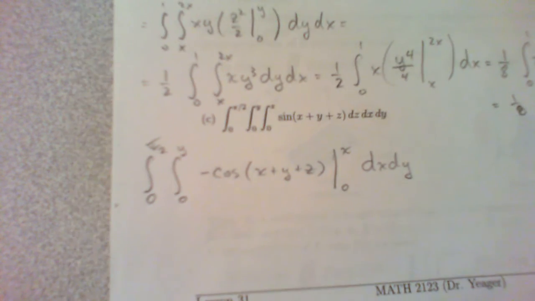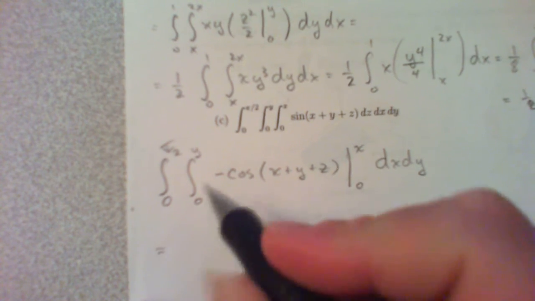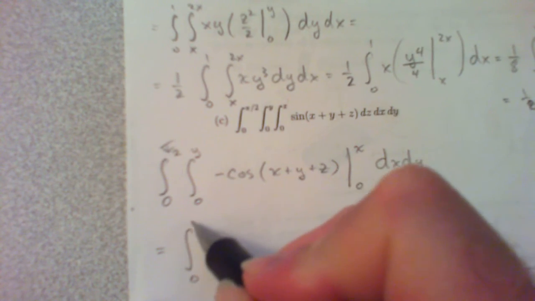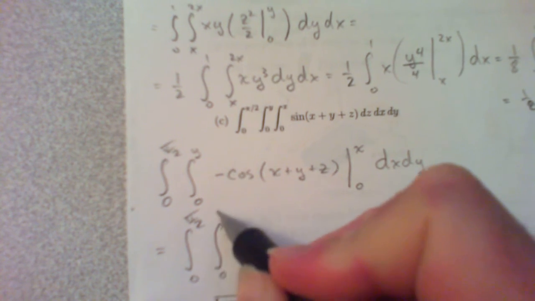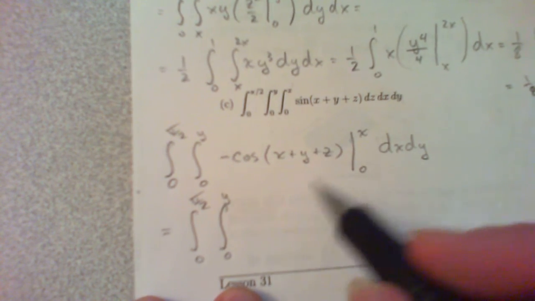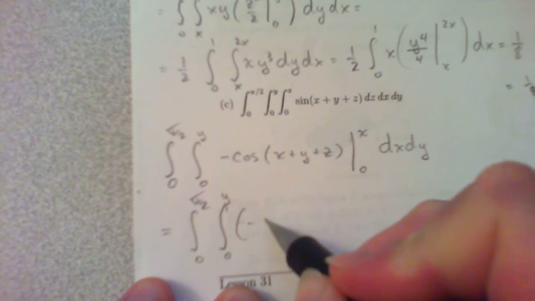Okay, now let me evaluate that as z goes from x to 0. So then the integral is from 0 to pi over 2, integral from 0 to y. The function you must now integrate will be negative cosine.